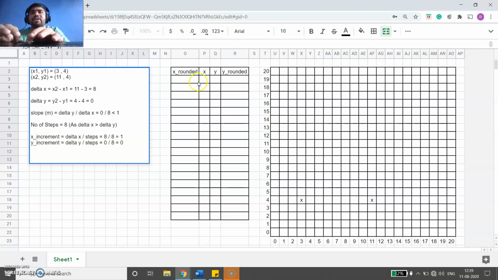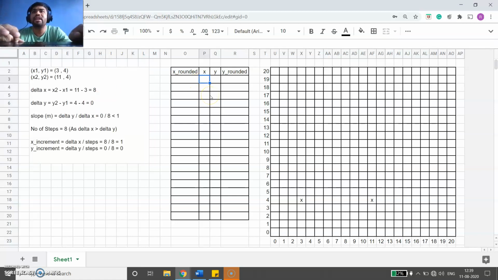Now let's start making the table. We start from 3, comma 4, and we have x increments of 1 and y increments of 0. In the first iteration, we increment x by 1, and since there is 0 increment in y, the value remains the same.